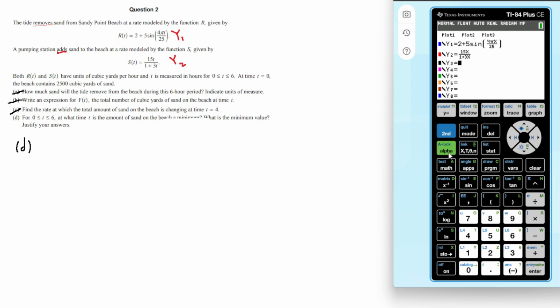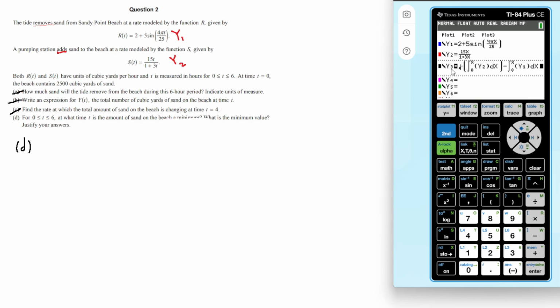So remember, y is 2,500 plus the integral now from 0 to x of y2 first, the sand added with respect to x, and then close parentheses, minus the integral from 0 to t, or 0 to x in this case, of, sorry, not y2 this time, it's y1, with respect to x.